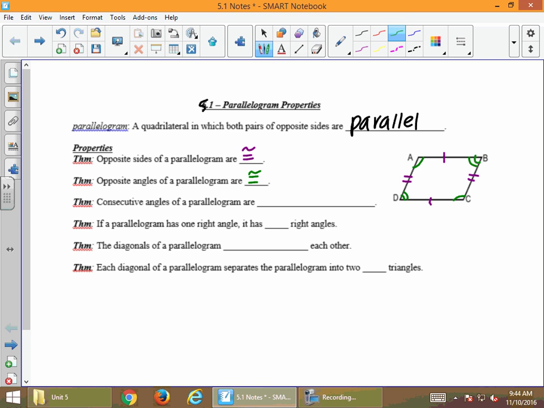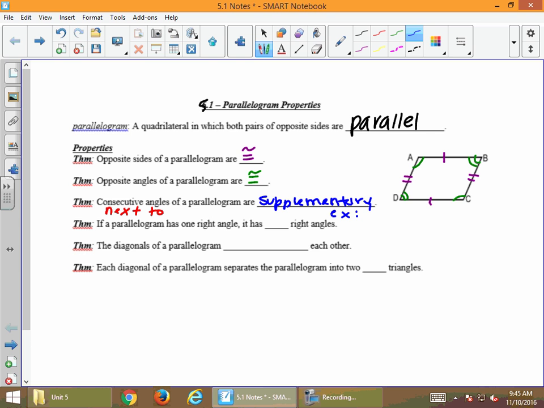Consecutive angles, so when I say consecutive, I like to think next to. So angles next to each other, side by side, in a parallelogram are supplementary. And supplementary means, again, they add to 180. So just as an example, A and D are right next to each other.